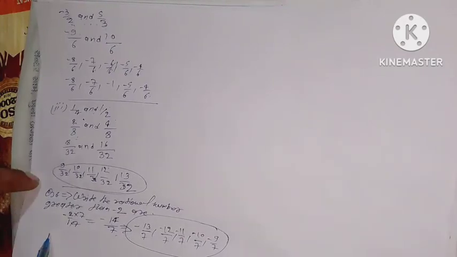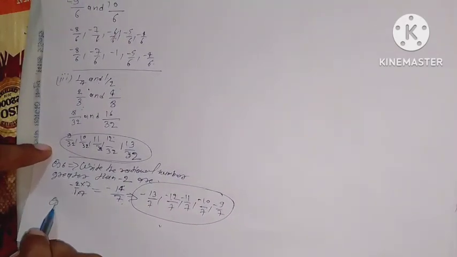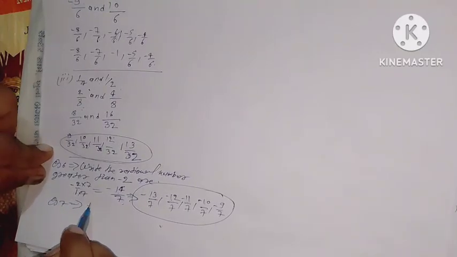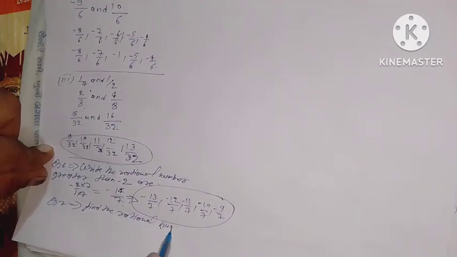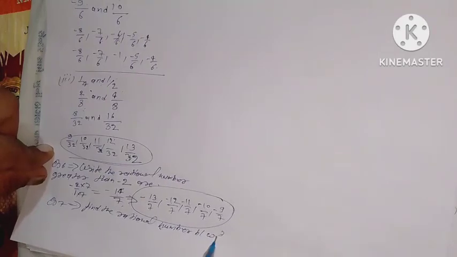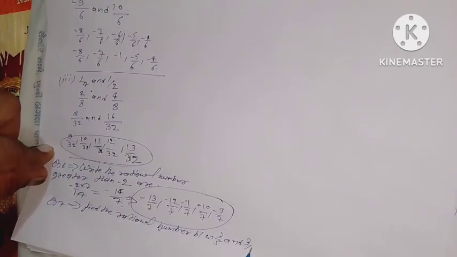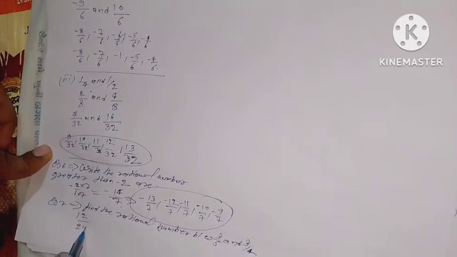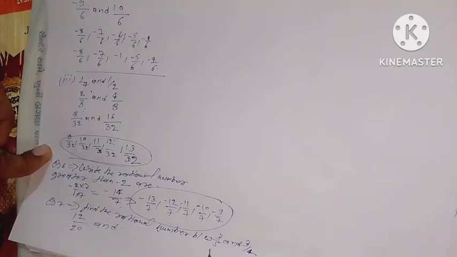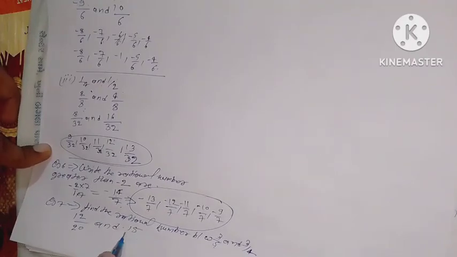Okay, question number 7. Find the rational number between 3/5 and 3/4. 3/5 and 3/4 can also be represented as 4 times 3 is 12 upon 4 times 5 is 20, and 5 times 3 is 15 upon 5 times 4 is 20.